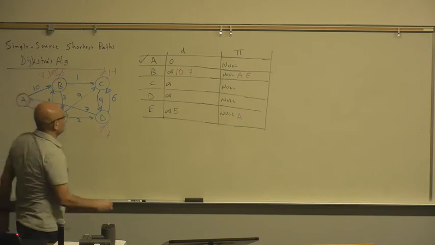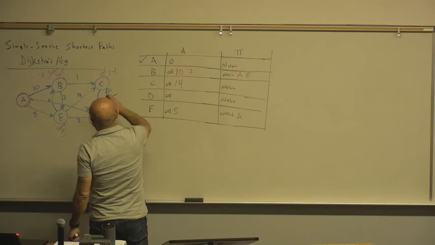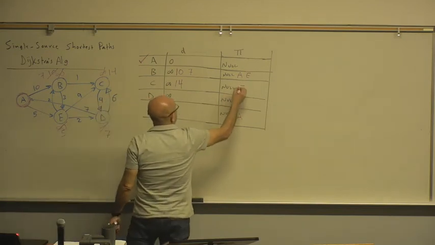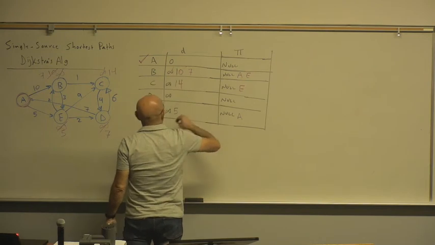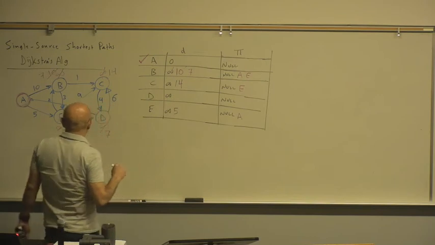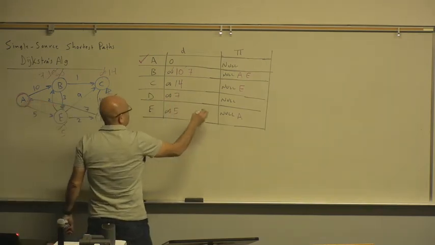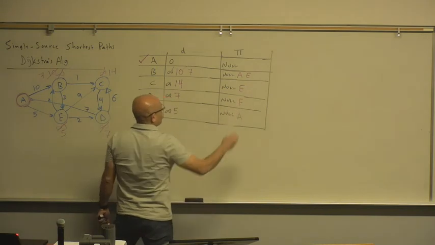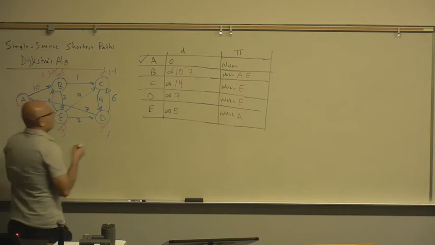So for C, I have 14, and the parent is E. And for D, the distance is 7, and the parent is E. Okay? Now, I'm done with E.